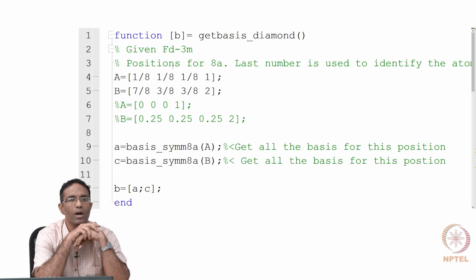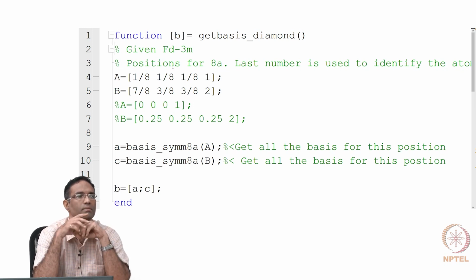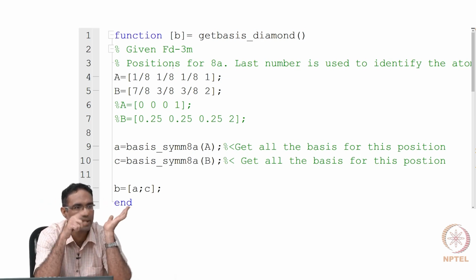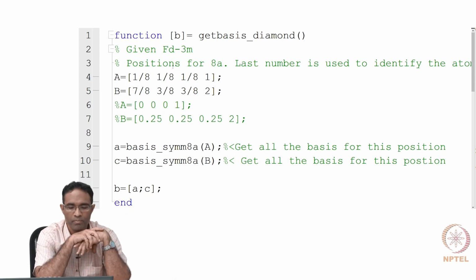Okay, so what does F mean? Face centered. D means there is a diamond glide. Okay, so that's the reason why the D is used, because that sort of a glide is present in diamond structures. 3 bar is 3 bar. Okay, and M is mirror.